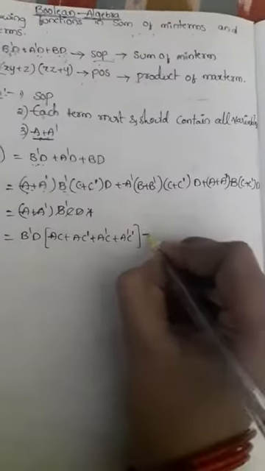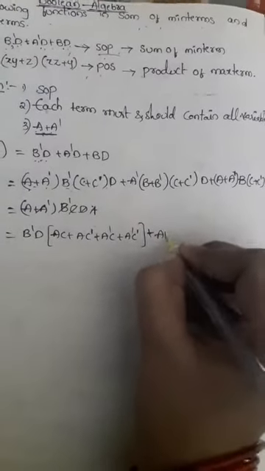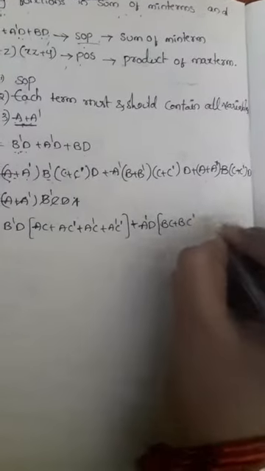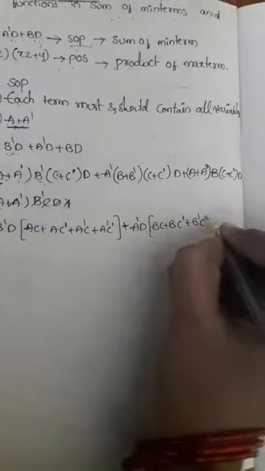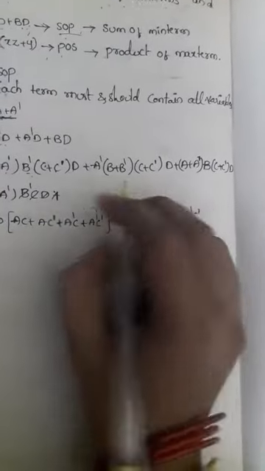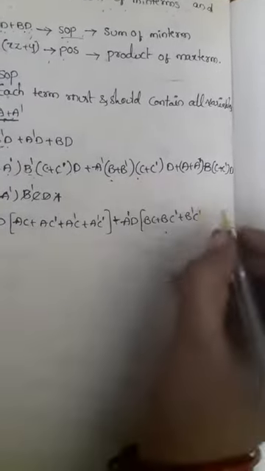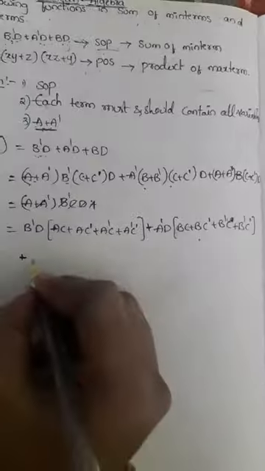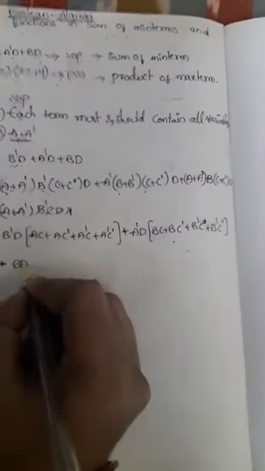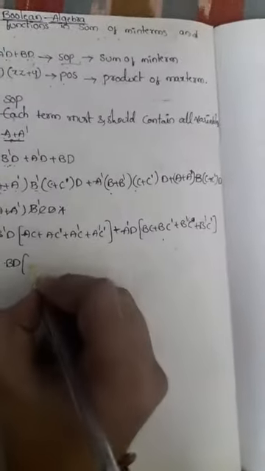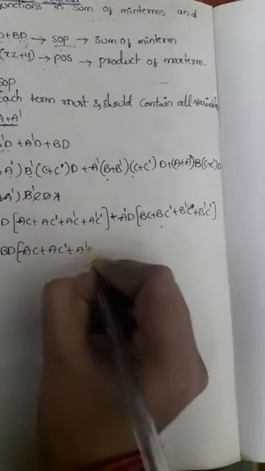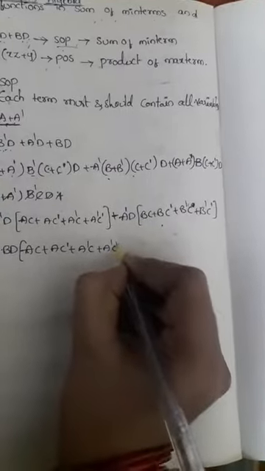Like this way we can solve here also: a complement d into bc plus bc complement plus b complement c plus b complement c complement. Now the third term, bd is common here. Next ac plus ac complement plus a complement c plus a complement c complement.